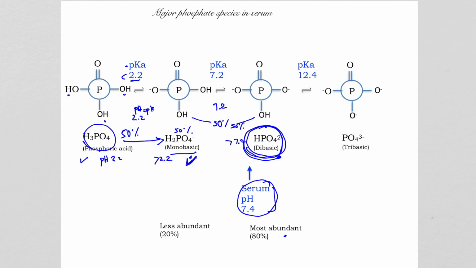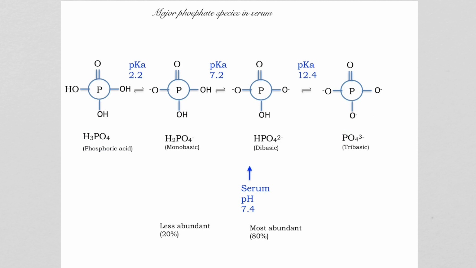Now, once we hit a pH of 12.4, which you don't see in the human body, but in a solution, if you're doing an experiment, if you increase the pH to 12.4, now this will be 50% and this will be 50%. Once you go greater than 12.4, the majority of the phosphate will be the tribasic form. So you can see, depending on the pH, you can have different types of phosphate.